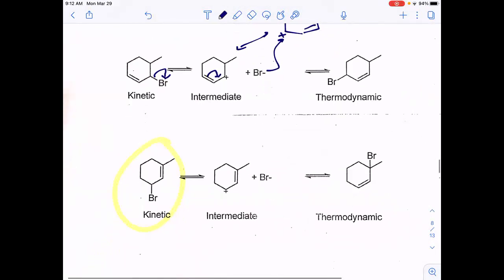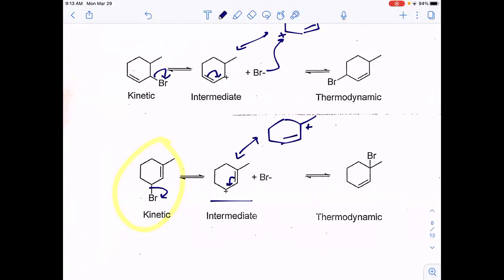And the same thing happens here, right? The mechanism for interconversion is loss of the leaving group right here. That's how you get to the allylic carbocation. And then again, if you want to do resonance first, that's fine, just to move the plus charge to here, and then that's where bromine can attack. And so that's how you get this product, right?